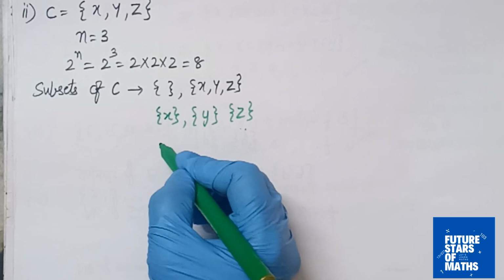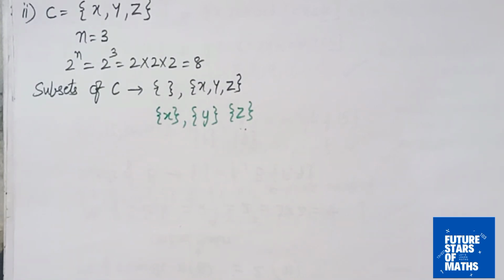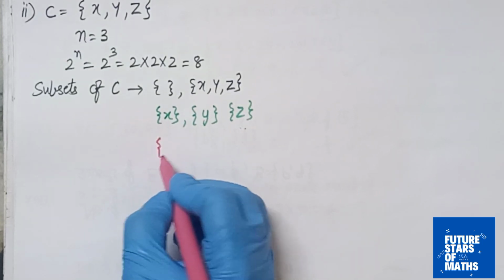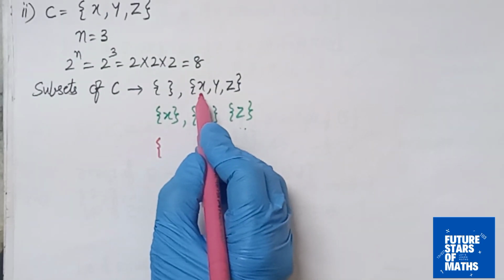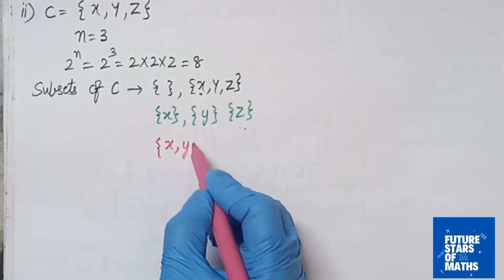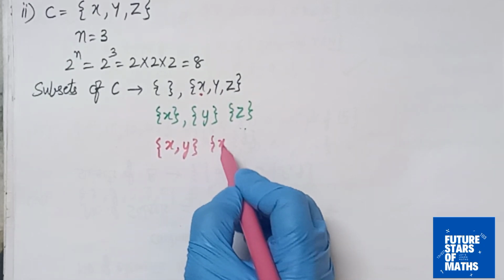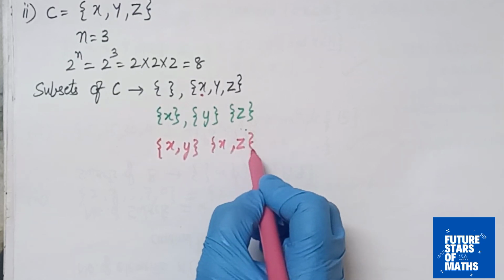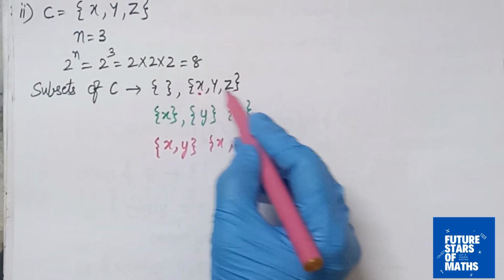So now what do we have to do? In the next line we have to write the pairs. First we will pair X with the others: X with Y, then X with Z also. So with X, all the pairs are over.